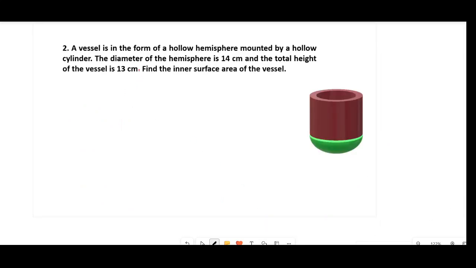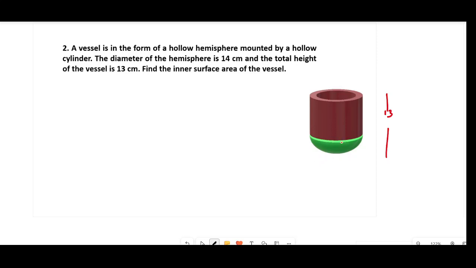A vessel is in the form of a hollow hemisphere mounted by a hollow cylinder. The diameter of the hemisphere is 14 centimeter, and the total height of the vessel is 13 centimeters. So don't worry, here 13 is the total height and 14 centimeter is the diameter.